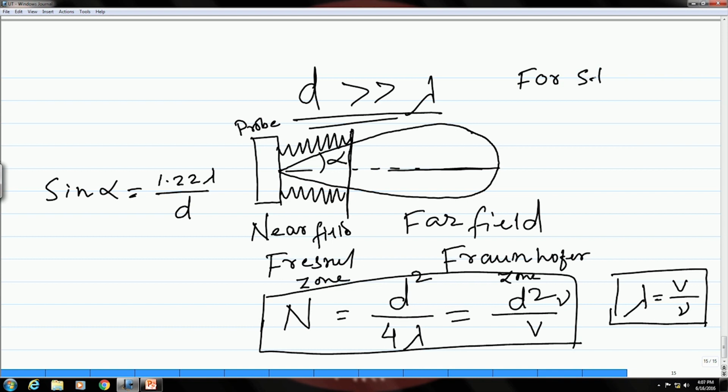So, let us say for steel, if you see these values at a particular frequency of let us say 1 megahertz. Okay.